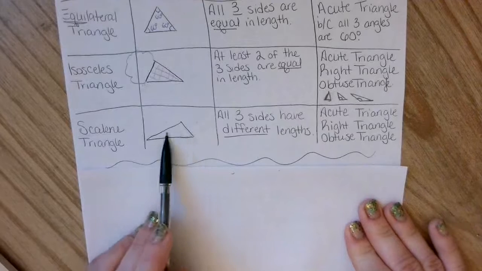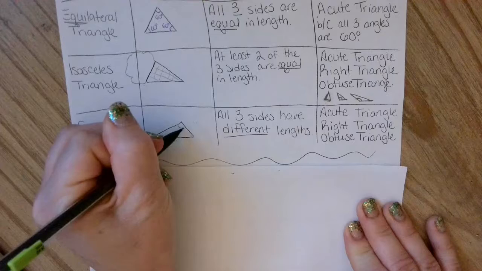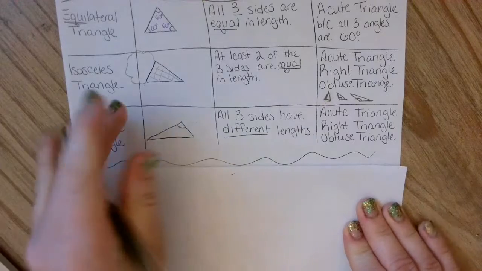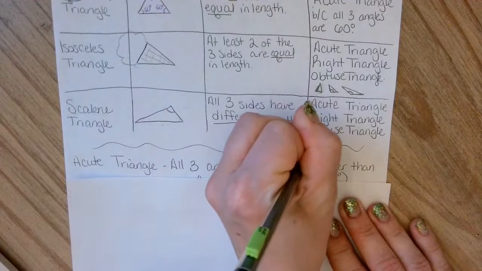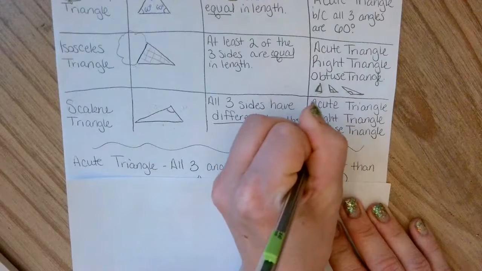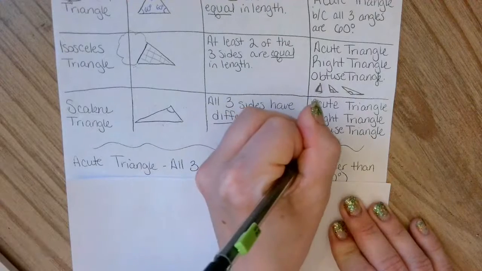So like this one right here that I drew, that would be an obtuse triangle because you have an obtuse angle right here. And then if you were to draw a right triangle, you could draw it something like this. And then right there would be your right angle.